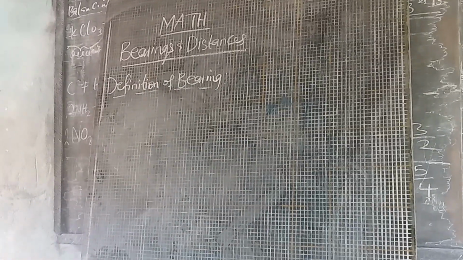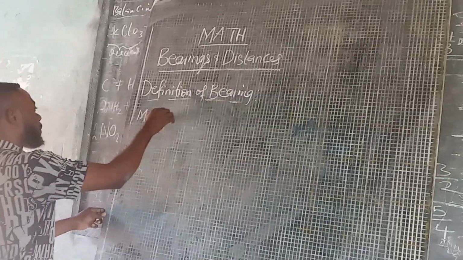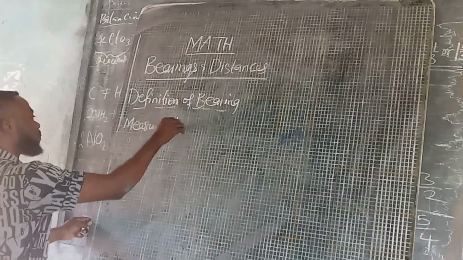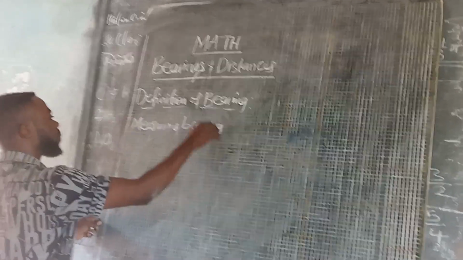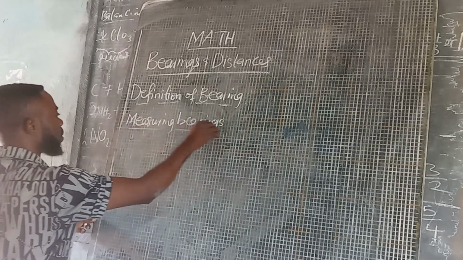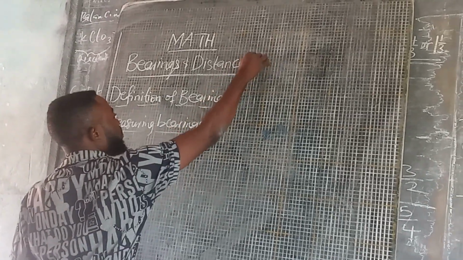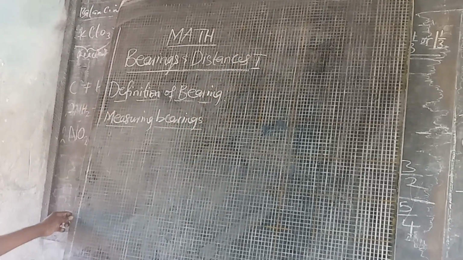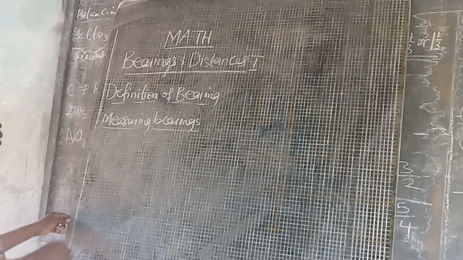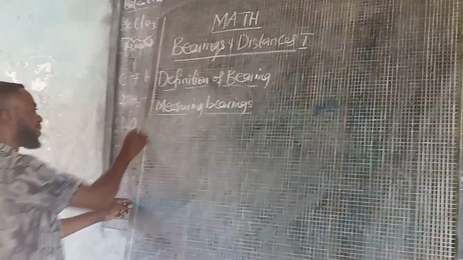Now, we go into measurement of bearing. In this first phase, bearings and distance 1, of our study of bearing, we are going to consider how to measure simple bearings.